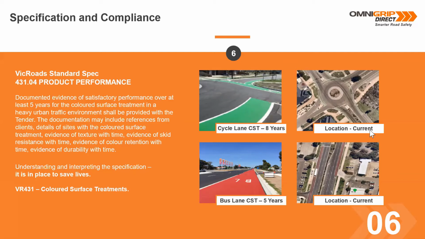Many of the other inferior materials out there, you may get 6 months, you may get 12 months, you may get 18 months, but you're not going to get 5. And when you're putting your drawings together, it's important to understand that, because what you may envisage being on the road isn't what ends up on the road. And Louis will elaborate on that further with his specification comments as we move through the presentation.